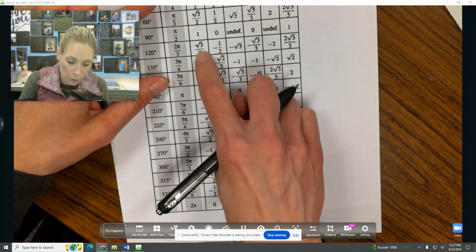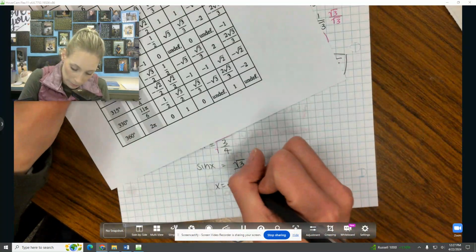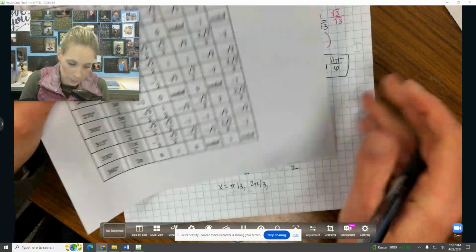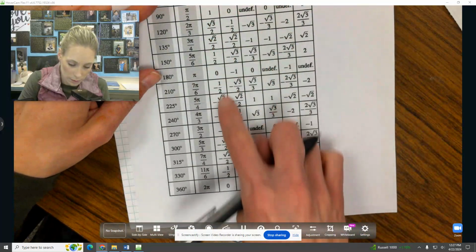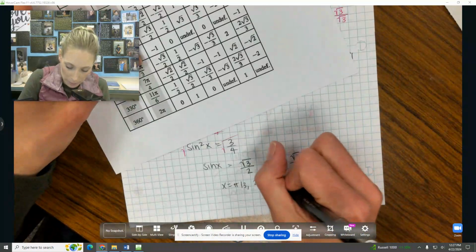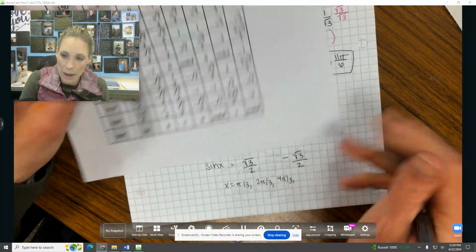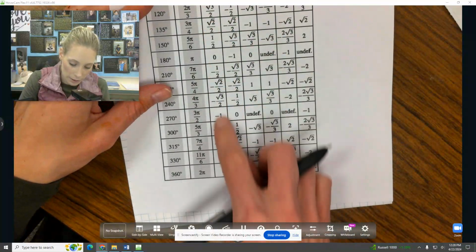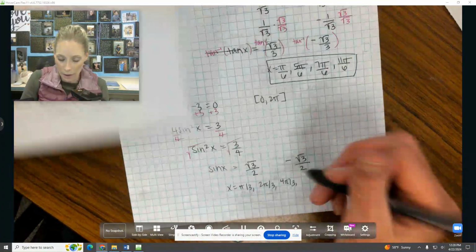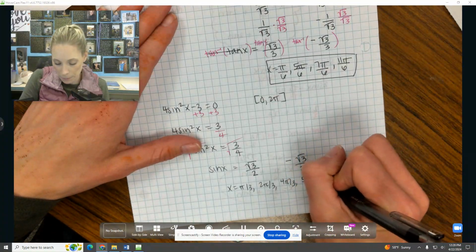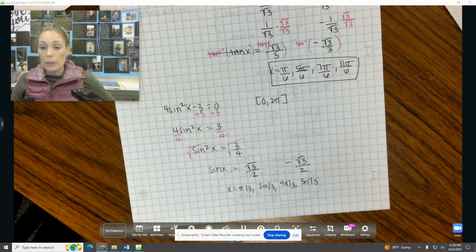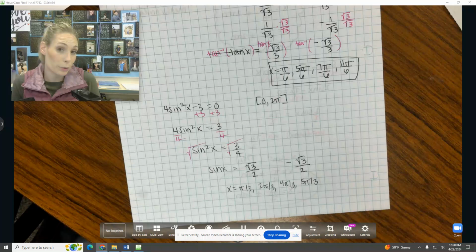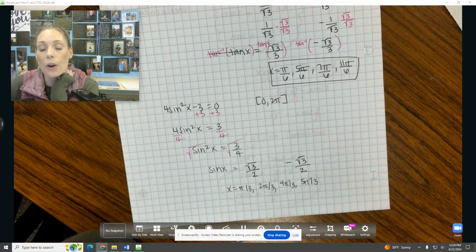And we're looking positive or negative, then we've got 2 pi over 3, 4 pi over 3. And maybe you're seeing the pattern that they're all over 3. And then 5 pi over 3. So remember that when you're square rooting, you square root the top and the bottom, but also that it's a plus and a minus.